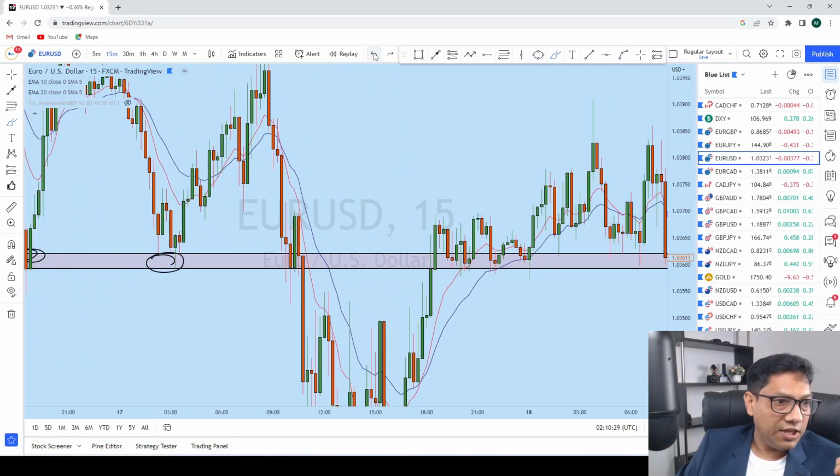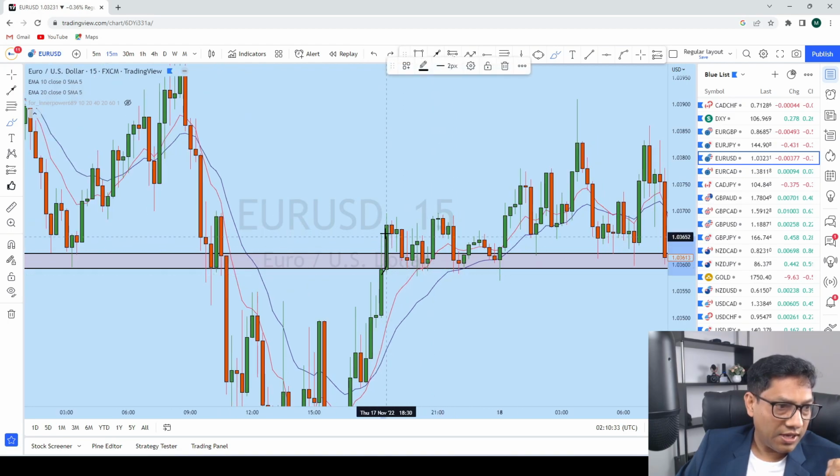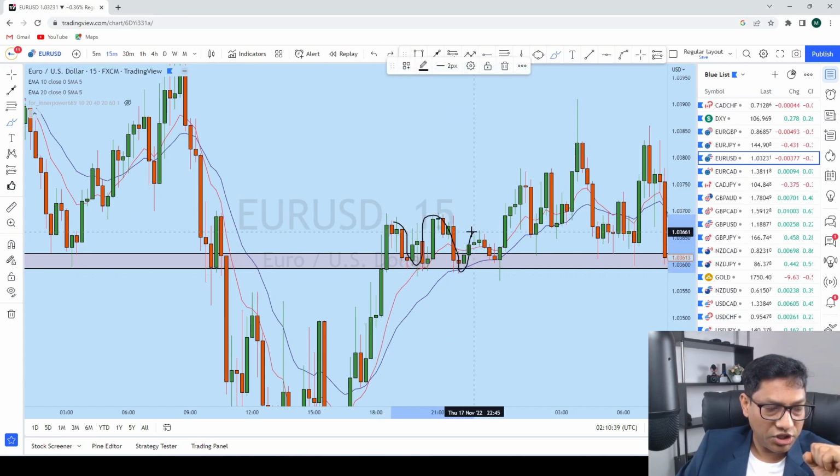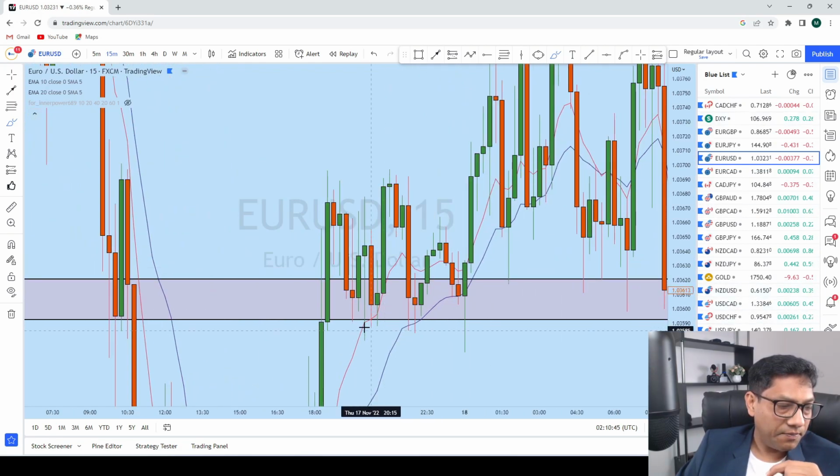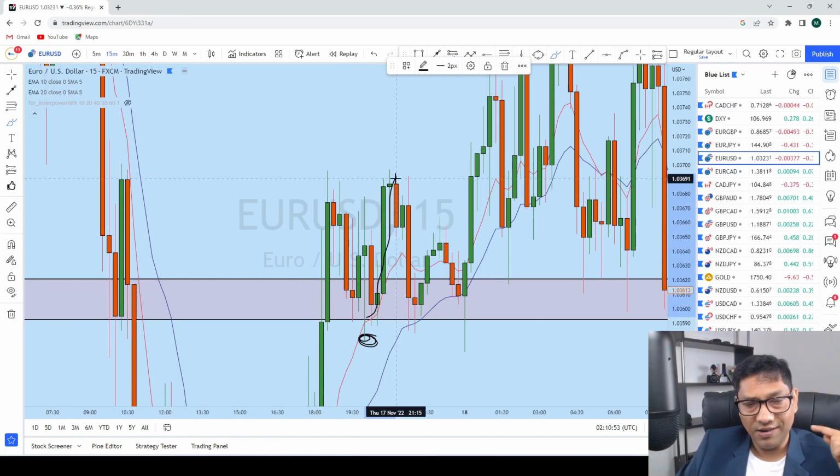Now when the price came back to the same level, it penetrated to the upside, and then was coming back, rejecting, coming back, rejecting. Try to understand what's happening here. Every time the price creates an overextended market, look at this one here, you have seen a rejection.